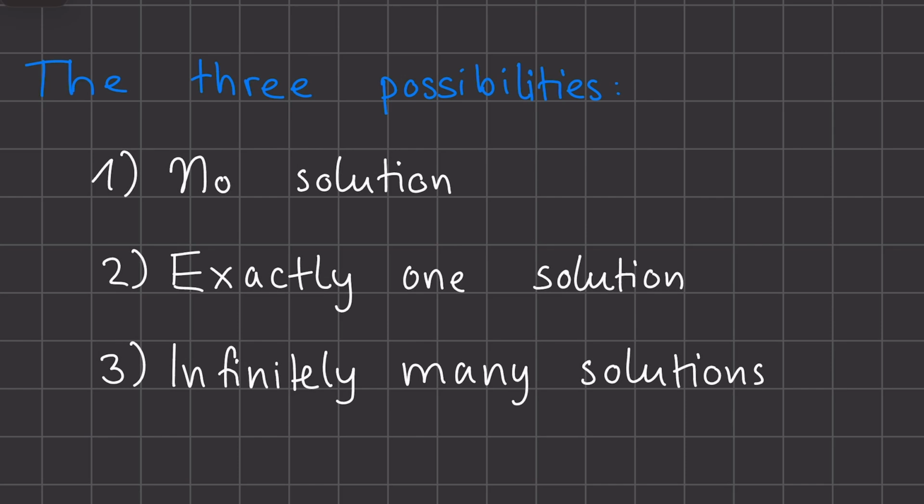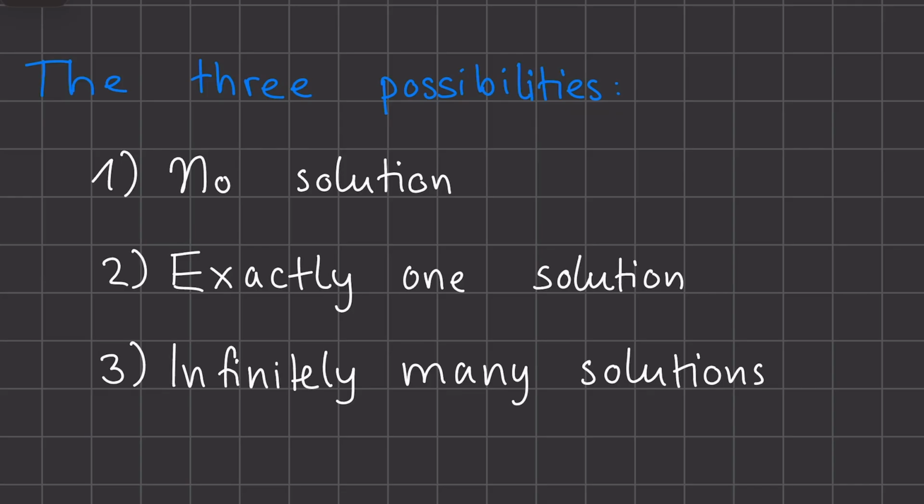As I have already mentioned, such a system has only 3 possibilities for its solution space. Either there is no solution, so no x satisfies the equation, there is exactly one solution, so the x is unique, or there are infinitely many solutions, so the set of x's that satisfies the condition is infinite.